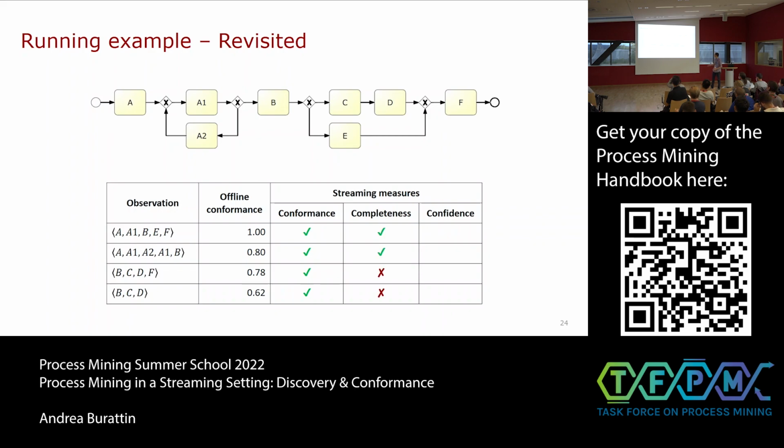The problem is that the last two traces have a completeness problem, meaning that they were expecting something beforehand, and the second and the fourth are also expecting something afterwards. Because of the stream and the observation window, it is important in a streaming setting to emphasize that conformance by itself is not enough. You need to pinpoint also whether there is missing information.